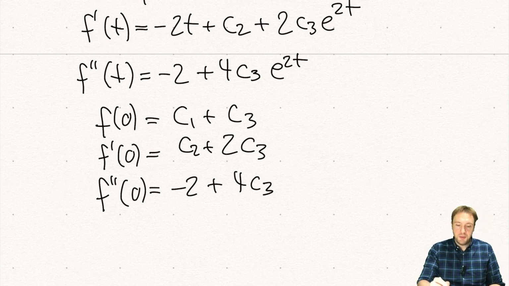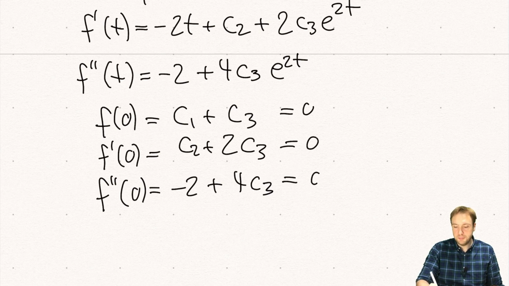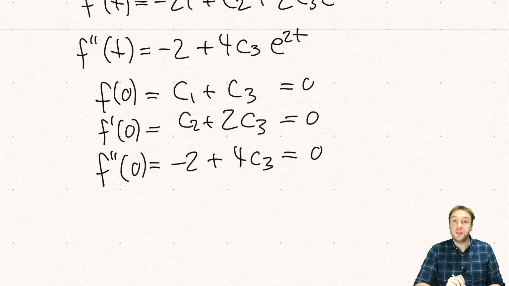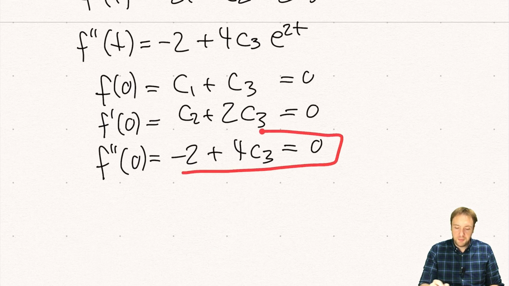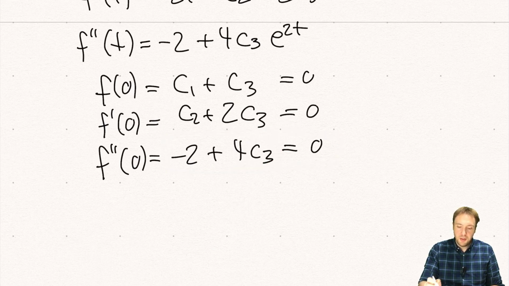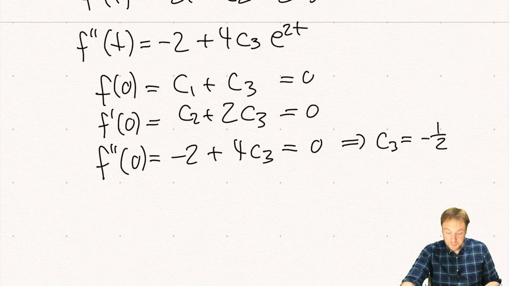And we want that all of these are 0. This is just solving a linear system now, and it is quite easy to solve, because in this equation we just have c3. So from this equation we already see that c3 needs to be 1/2.